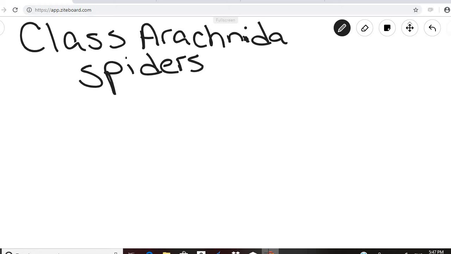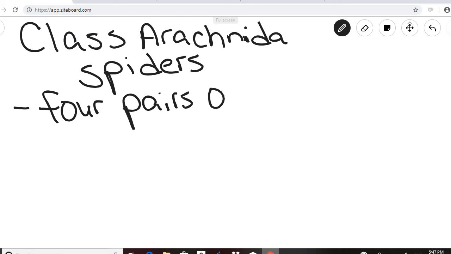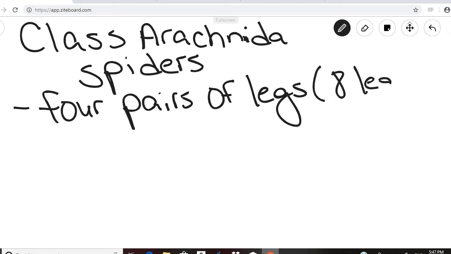Okay, so spiders have 4 pairs of legs. So they have 8 legs. They also have a cephalothorax.